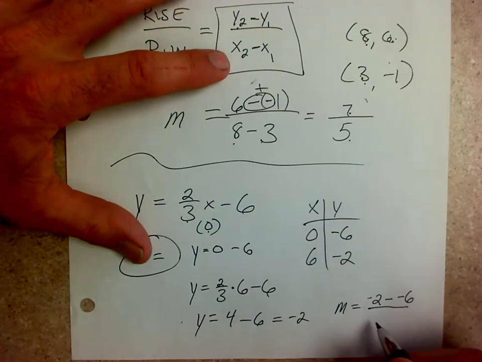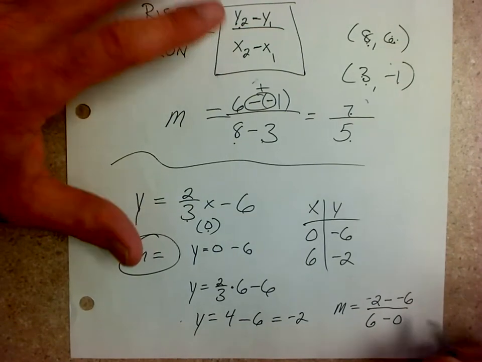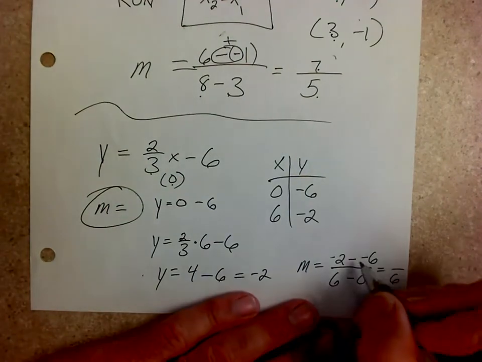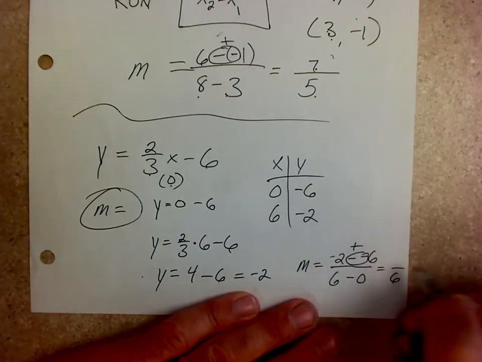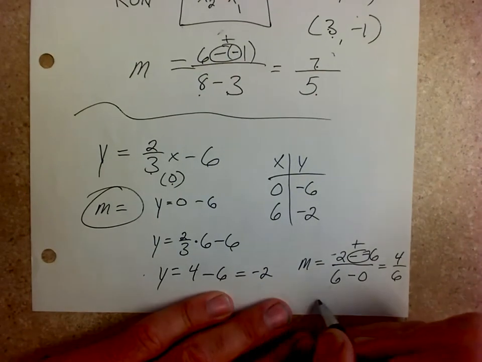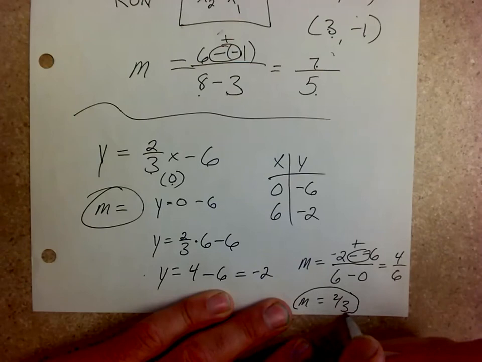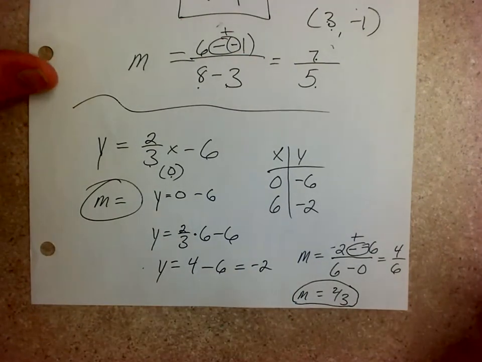And then on the bottom we have to be consistent: x2 minus x1. So we got 6. This becomes plus, so -2 plus 6 is 4, and that reduces to 2/3. So the equation we started with has a slope of 2/3.